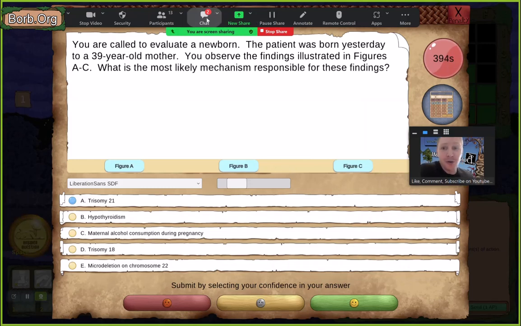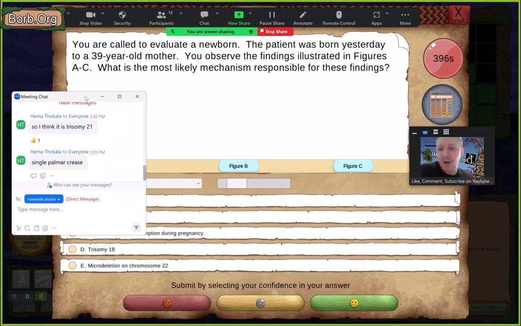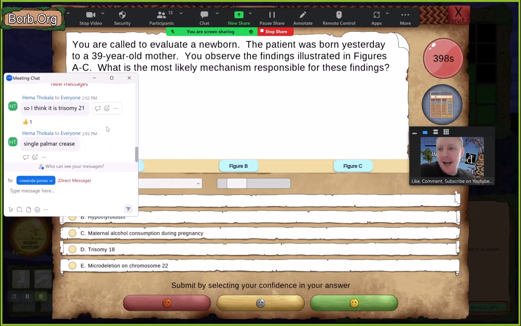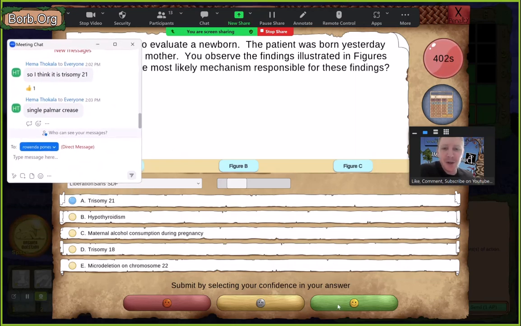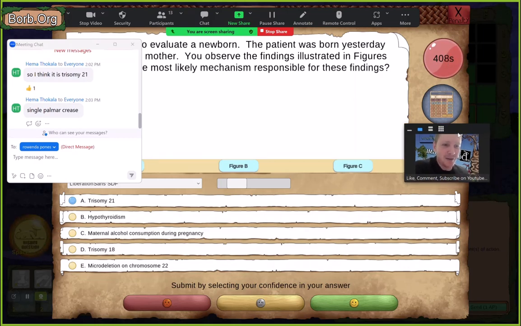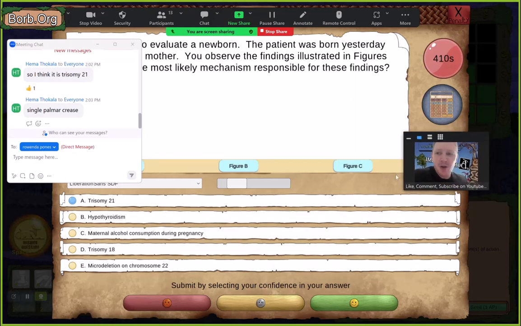If you have both of those things, then you're really talking about a single palmar crease. Yes, hemathocala, exactly. So we're saying green. I just want to take this as an opportunity, because we're already at 406 seconds, and that's because of me. Do you know the pathophysiology of trisomy 21? Do you know why all of these things happen to trisomy 21 people?